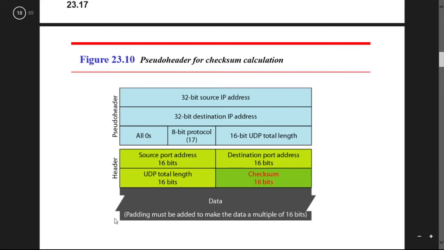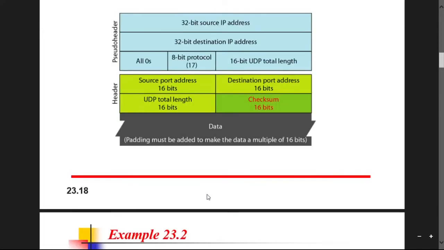This is the pseudo header for checksum calculations. Here is our header, and here we have the pseudo header: the 32-bit source IP address, the 32-bit destination IP address, all zeros, an 8-bit protocol field, and the 16-bit UDP length. This pseudo header is used for checksum calculation, for error detection.